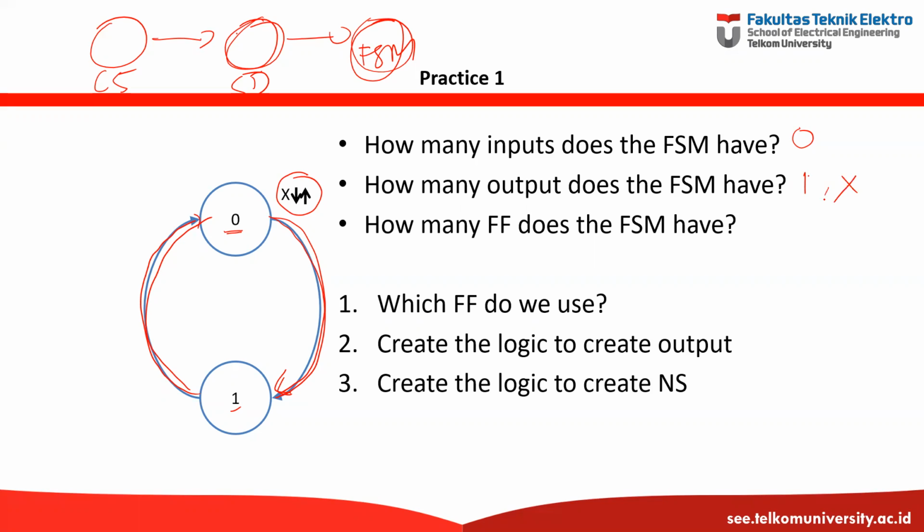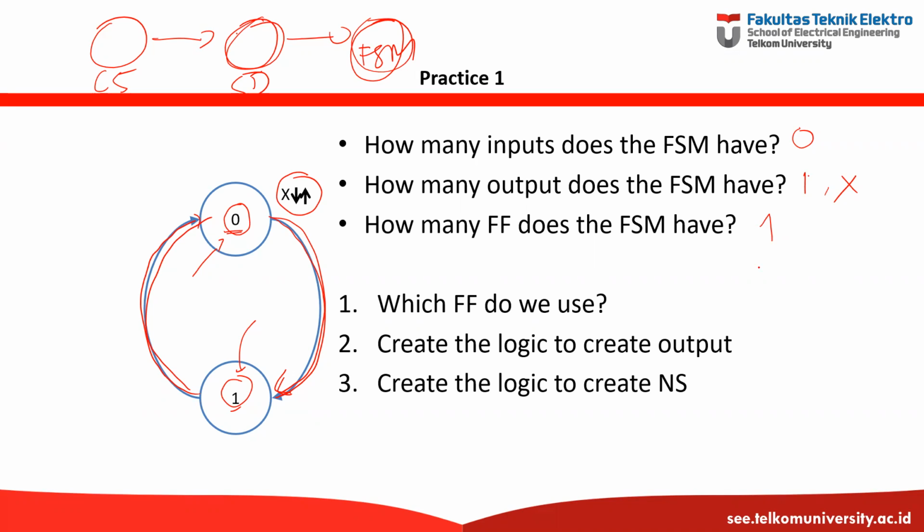And then how many flip-flops? To identify how many flip-flops in the FSM, we just need to count how many state variables inside the state. Here, every state only has one state variable. That means we only need one flip-flop.